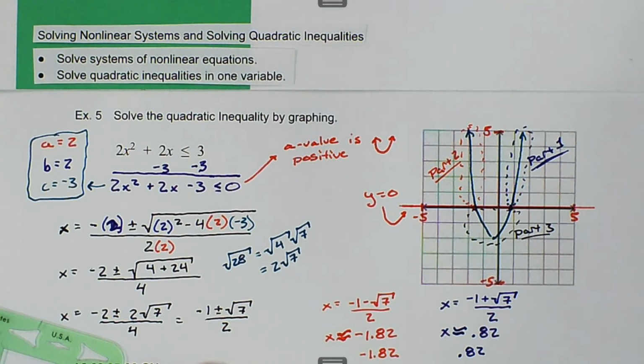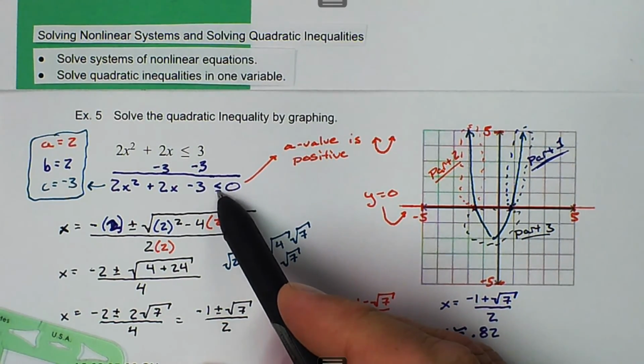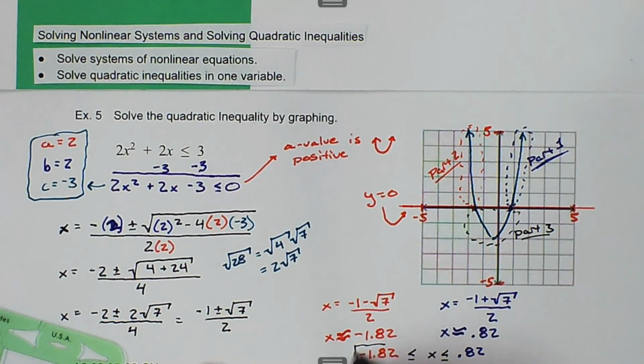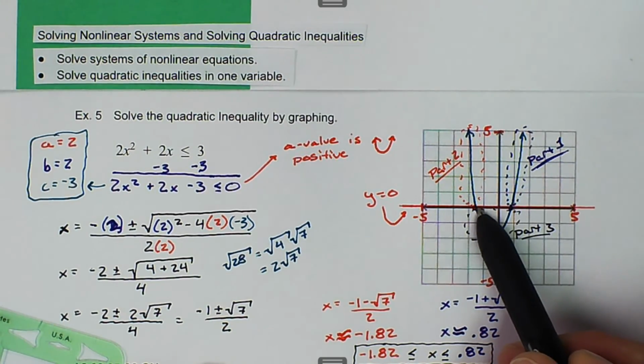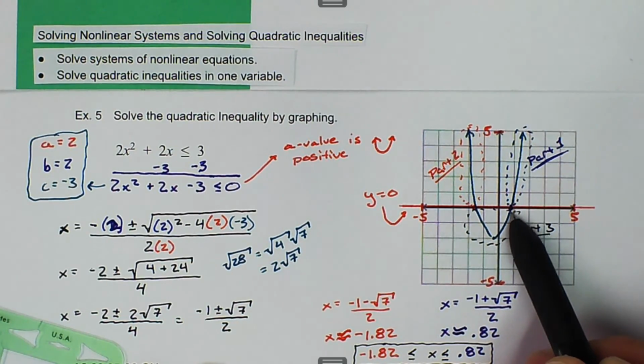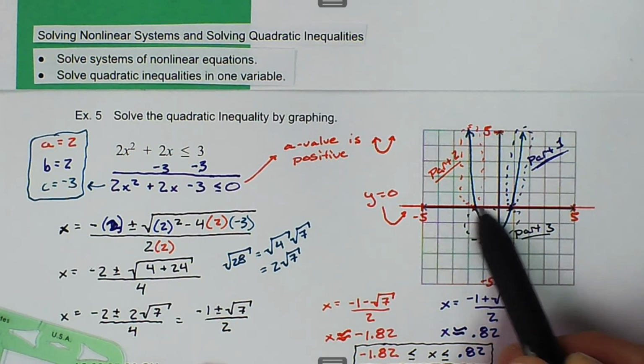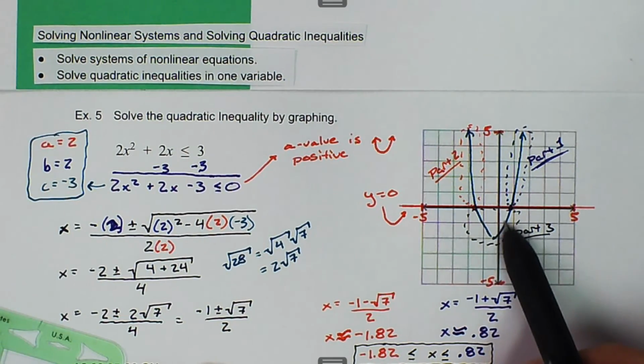And we have to account for every point in between. So then we want to say that x has to be somewhere between there. And it's got to be equal to, because it says equal to right there. So our solution for this is every single point where x is greater than or equal to negative 1.82 and x is less than or equal to 0.82. So that's all the x values through here. Any x value from here to here, the y value will be less than 0.